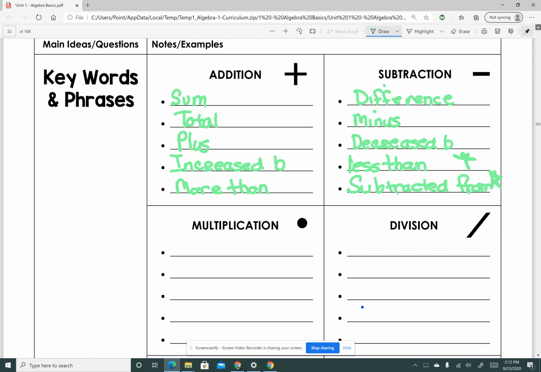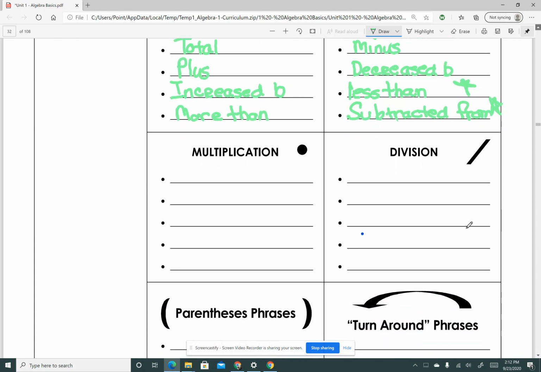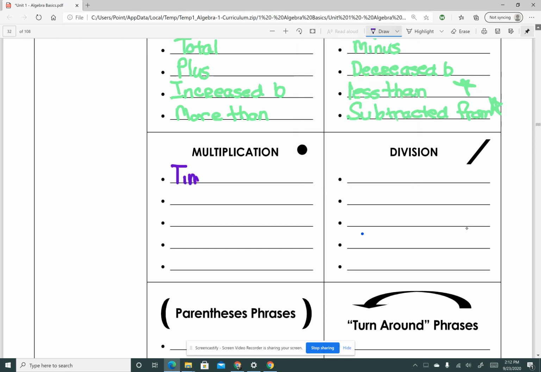So now let's talk about multiplication and division. First, multiplication. Some of the terms that we see are times, product, and product is the answer we get when we multiply. We also see in word problems the word of. We might see twice or triple something, double, 3 times.